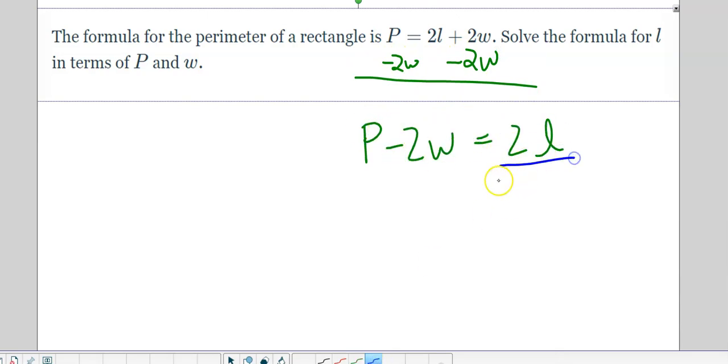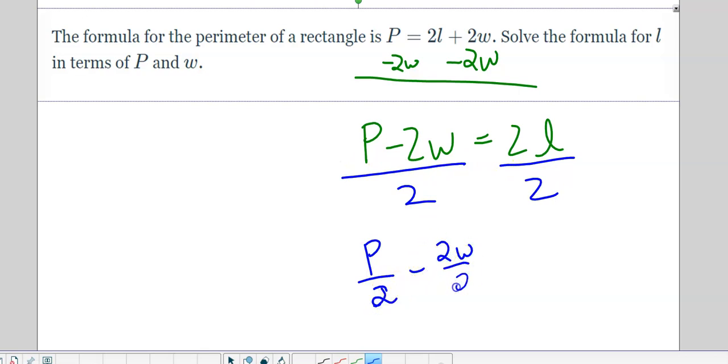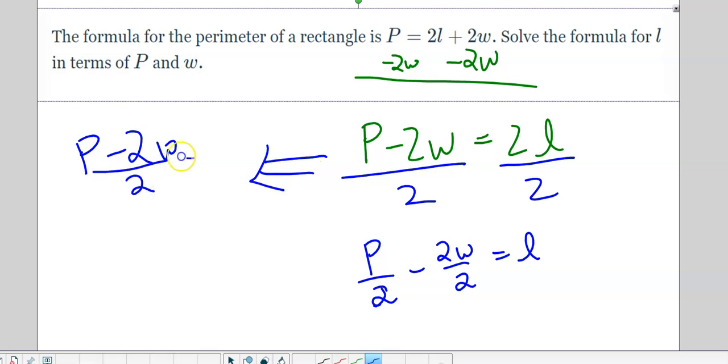And now I can divide either the whole side by 2, or I could split it up and divide them separately by 2. The choice is yours. This first one would result in this answer. And this second one would result in this answer, either 1/2 or p over 2 minus w.